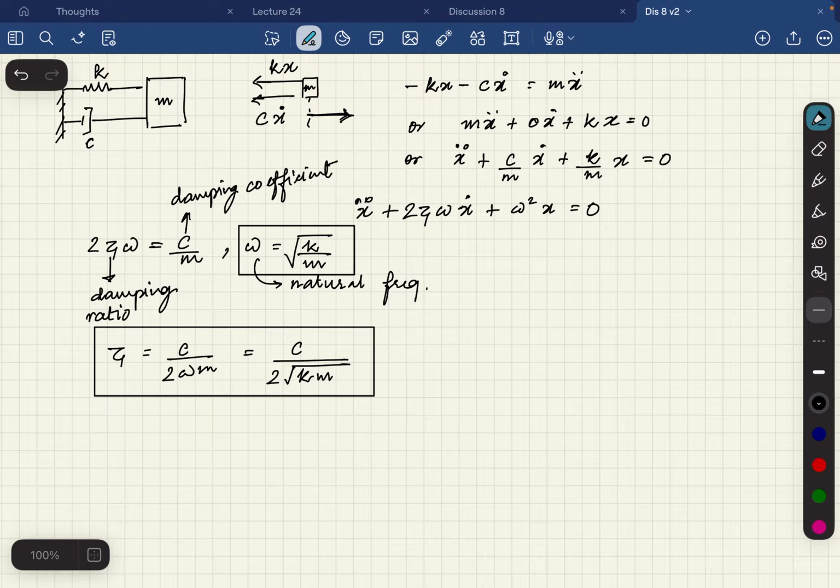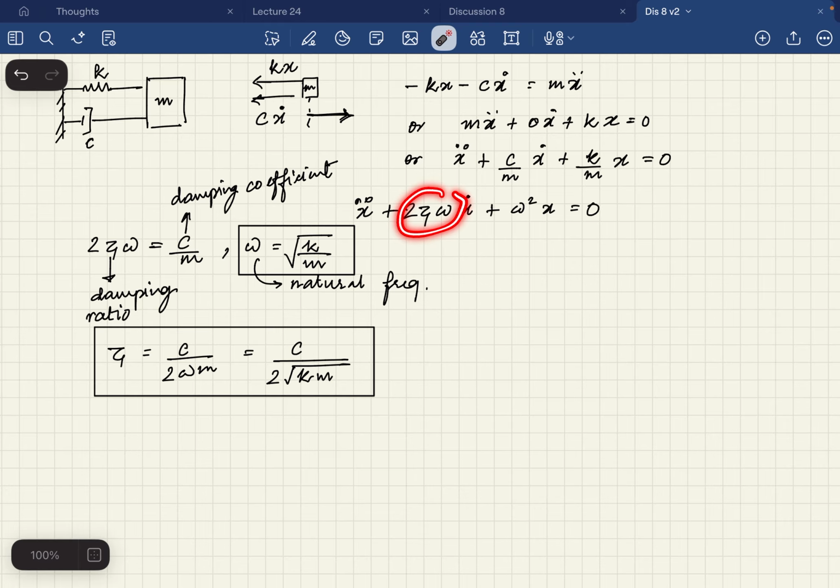Is this clear to everybody? That if you have a second order differential equation which basically involves a damping term and an oscillation term, then you can find out what is the natural frequency of the system and what is the damping ratio of the system.